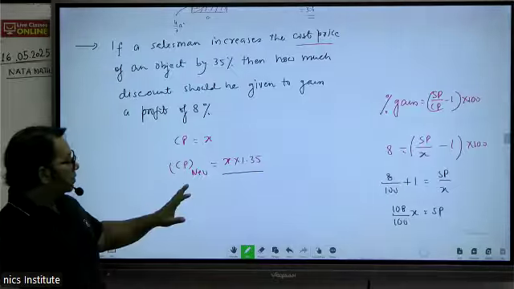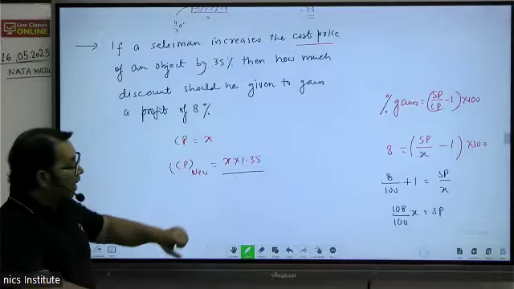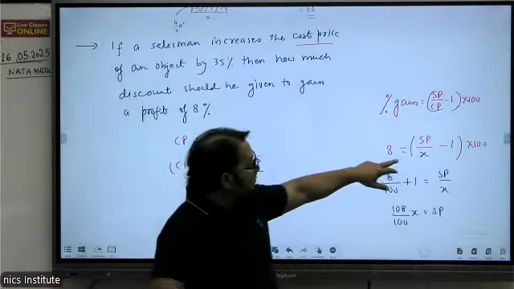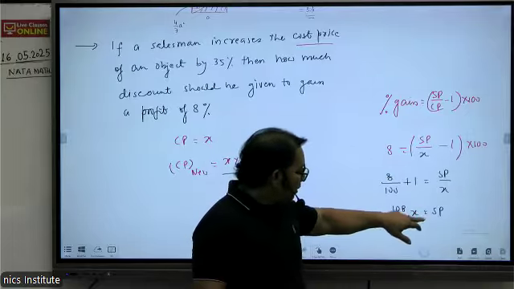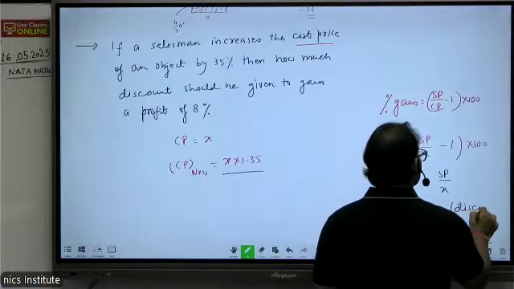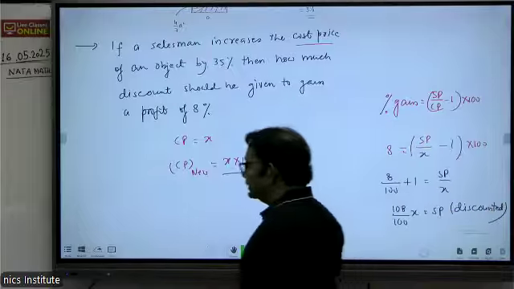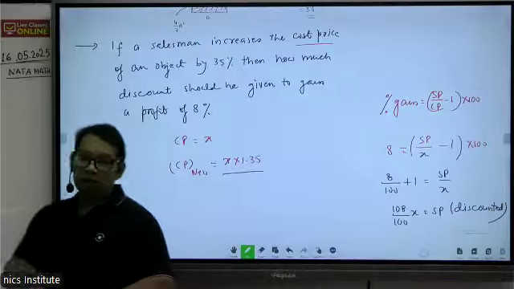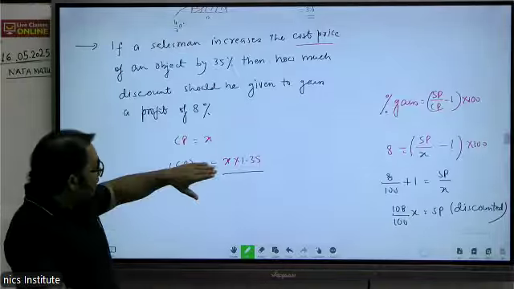He says to the customer, this is the price. Okay. And on original price, he's gaining 8%. So this discounted sell price is this. After he has given some kind of discount, this is the sell price. This is the original sell price.